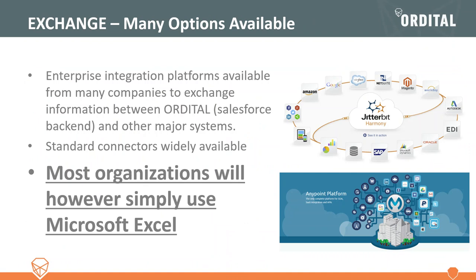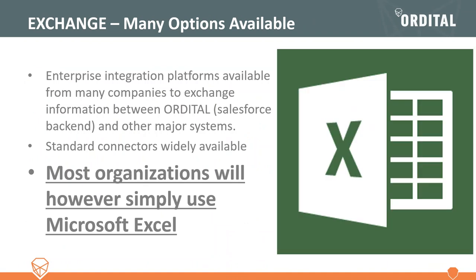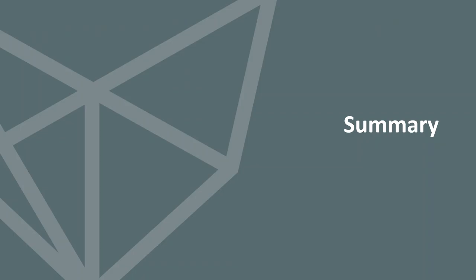We can use standard interface technology, but quite honestly, most of the data that we send out will always go back through Excel, and that's simply because most companies have well documented interfaces using Excel with standard upload and export templates, and we just fit into that.